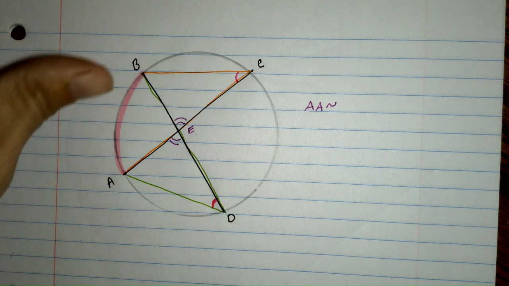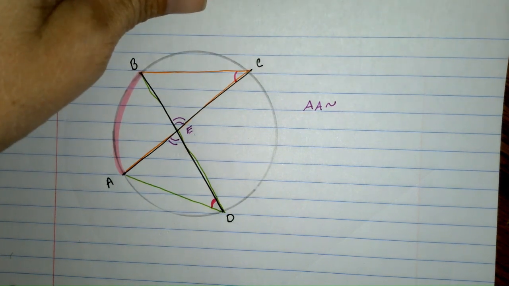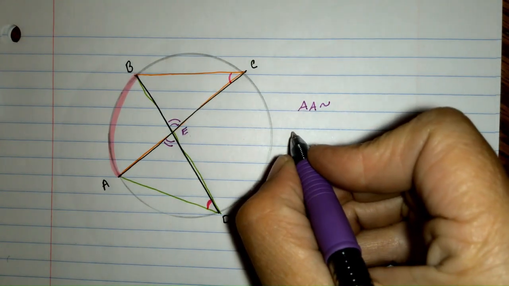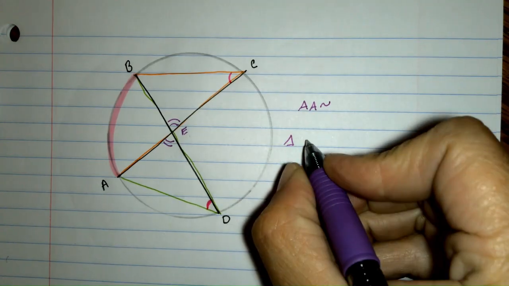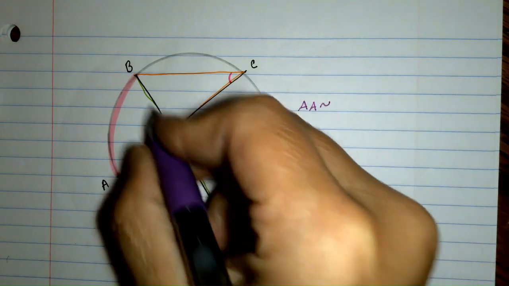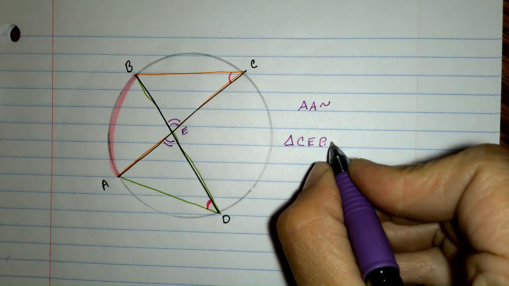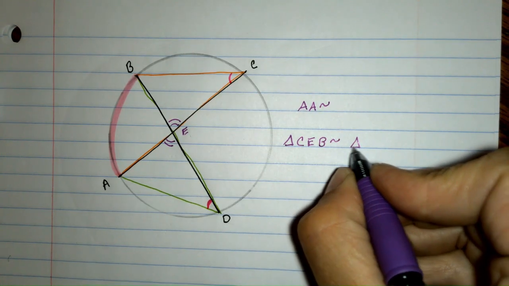Okay, so how's that going to look? And let's go ahead and play around with that. Okay, so we would have triangle CEB is similar to triangle.